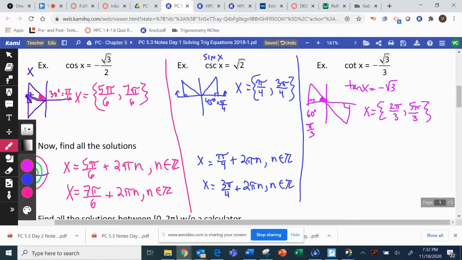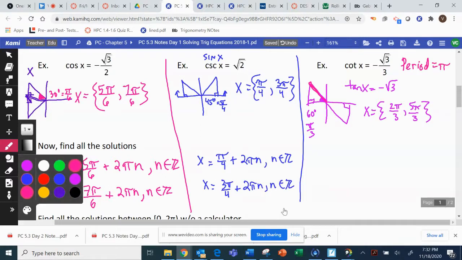Now, to do all the solutions, tangent is a teeny tiny bit different, because when we graphed tangent or cotangent, I'm speaking of both of them at the same time, their period was just pi before they would repeat themselves again. So if I only went around half the circle, I would actually end up at the other answer that I got.